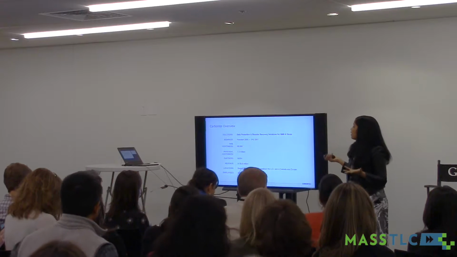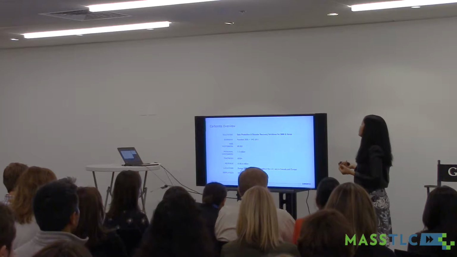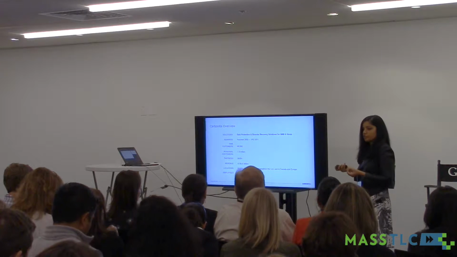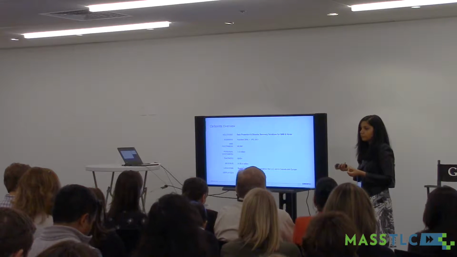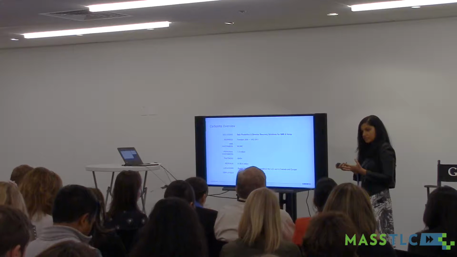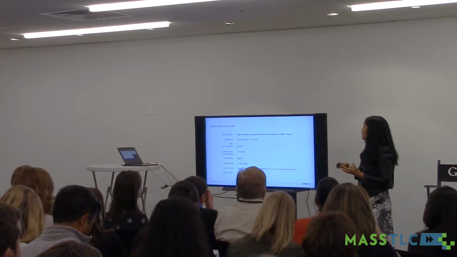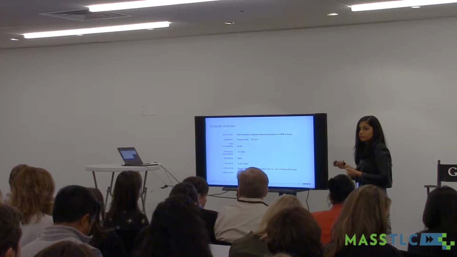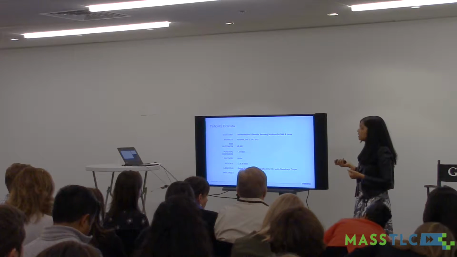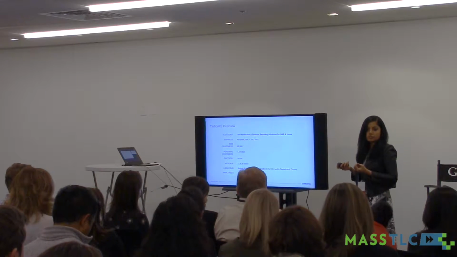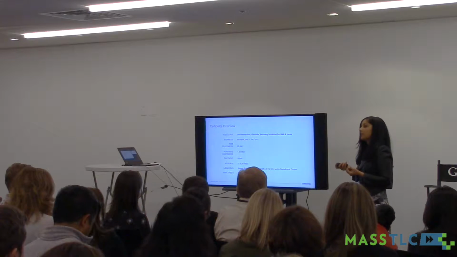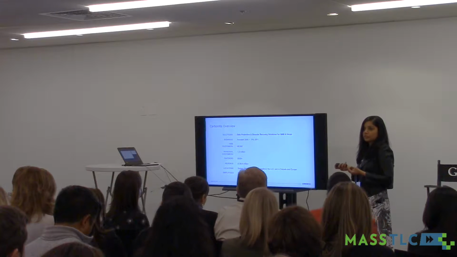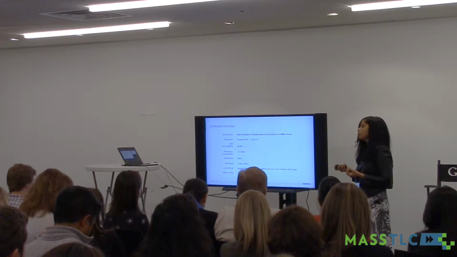So, Carbonite. What do we do? Our solutions are basically data protection and disaster recovery solutions for SMB and home, small to medium-sized businesses, and also for personal use. It was founded in 2005, the IPO was in 2011. We have 80,000 SMB customers and 1.5 million personal customers today.